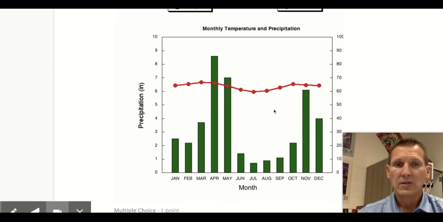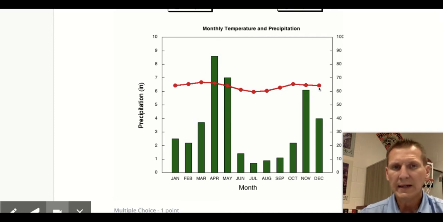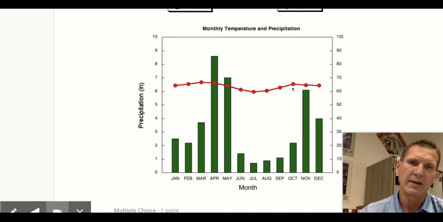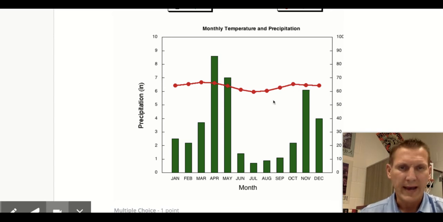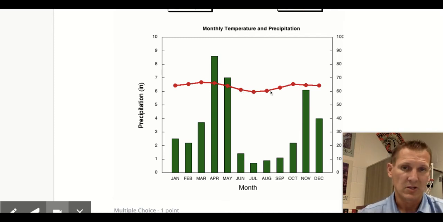Okay, so for number 7, we're going to notice fairly warm temperatures throughout the year, but a lot of students notice it's only like 60 degrees. So it seems a little cool to be by the equator, but yet it's warm all year and it's not cold. So where are we at here? Well, one of the things, again, you can look at is this is the southern hemisphere because notice June, July, August get a little colder, but actually December and January get a little cooler as well.